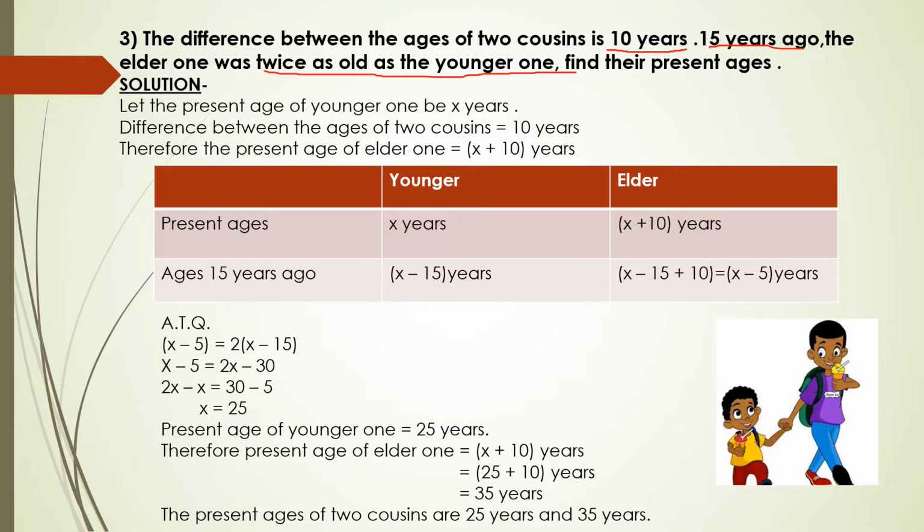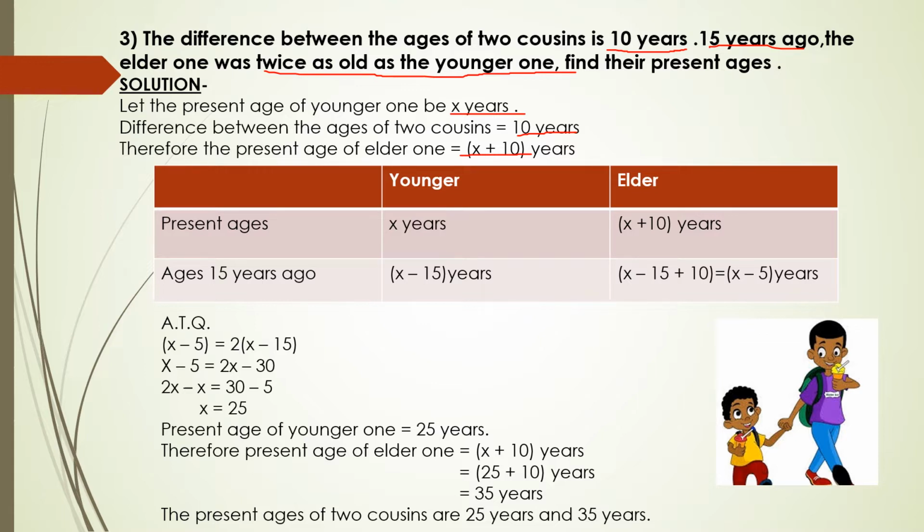Let's begin with the present age of the younger one be x years. And you are given the difference between the ages, that is 10 years. So if the younger one is x years old and the difference is 10 years, then obviously the present age of the elder one would be x plus 10 years. Then only you can get the difference as 10 years.